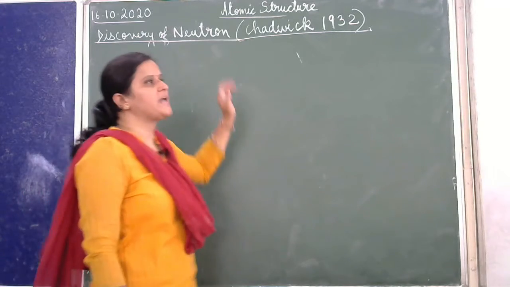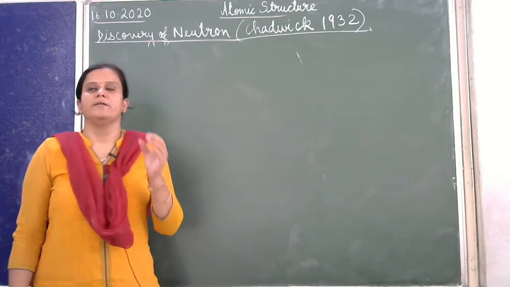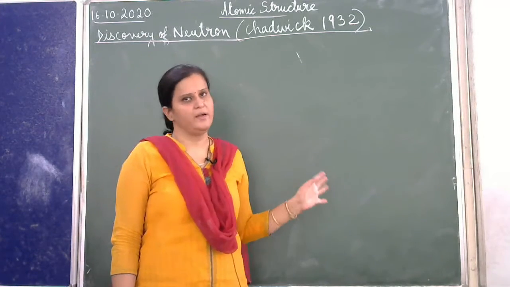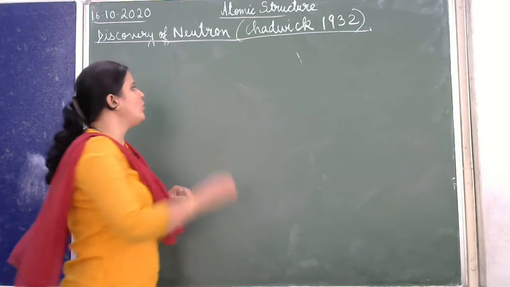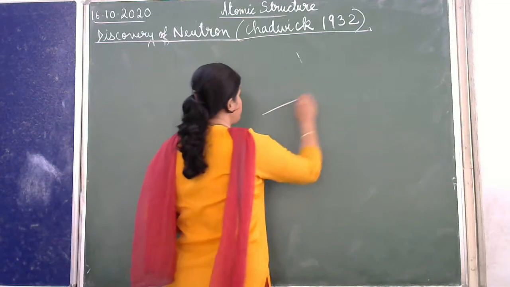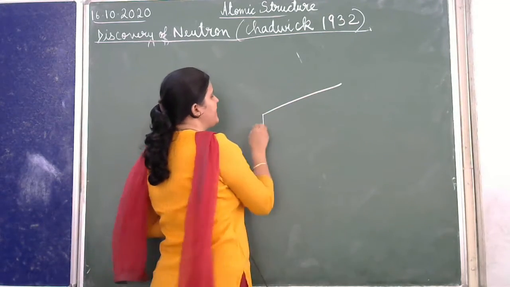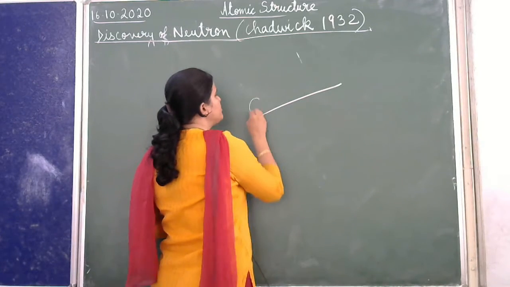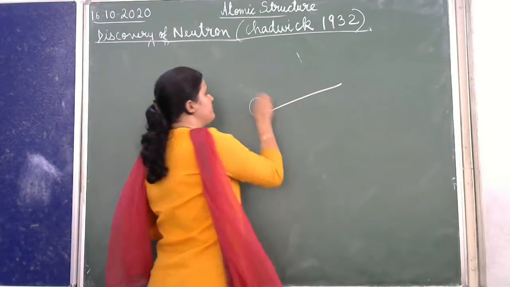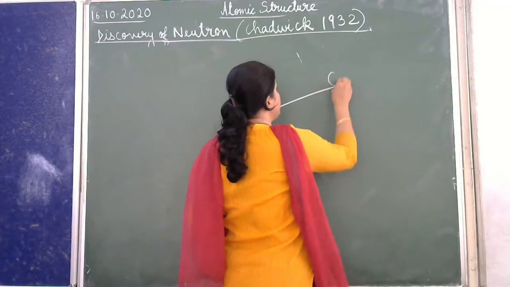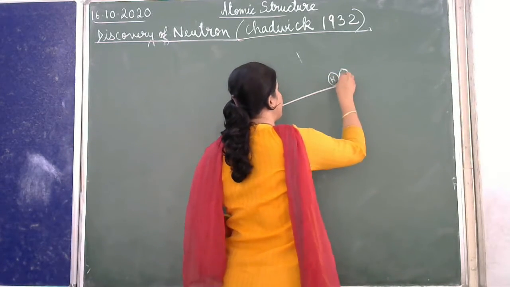By this time, the number of protons present in different elements had been calculated. So what he did was keep a helium atom on one side of a balance, and on the other side he kept two hydrogen atoms.